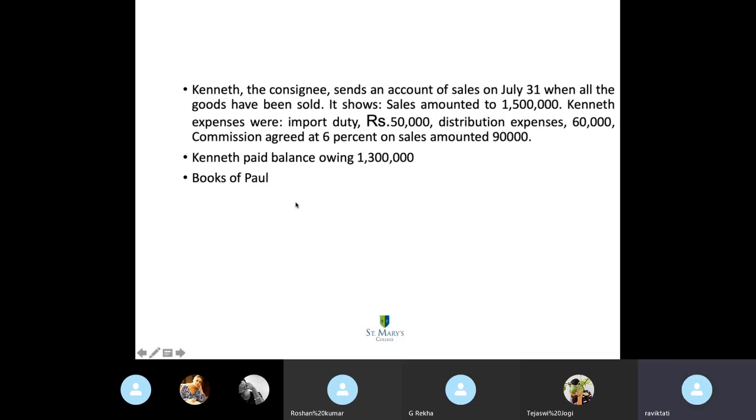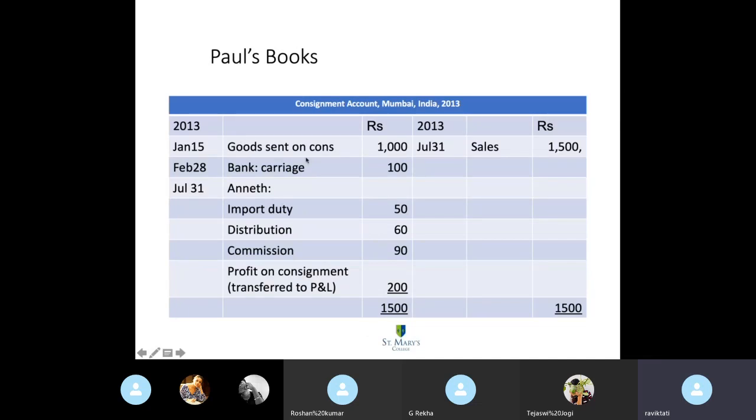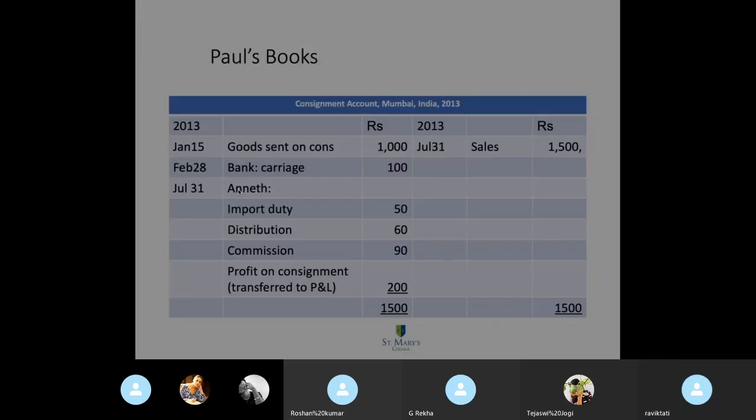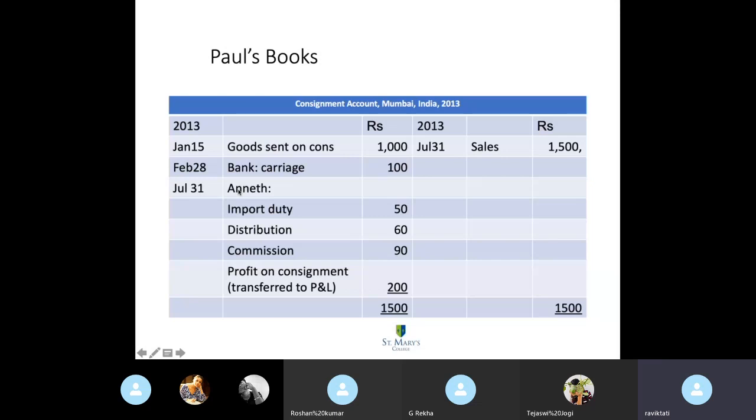Okay, let us look at how this looks. Consignment account. The date column, the particulars column, the amount. Now the sale proceeds of 15 lakhs and the goods sent on consignment 10 lakhs. There is a carriage inward of 1 lakh.